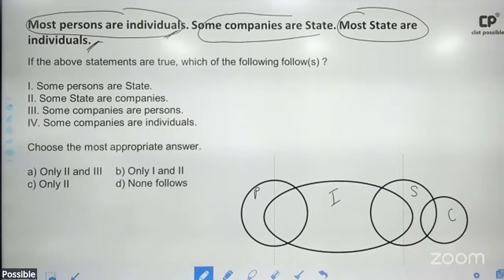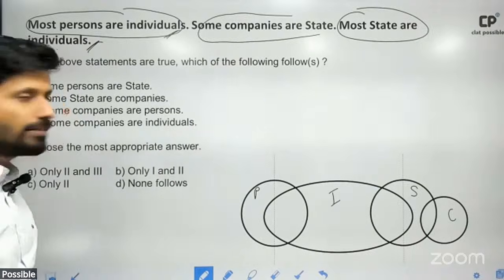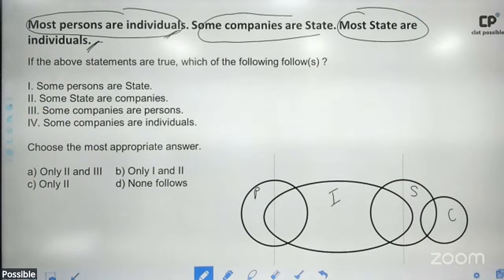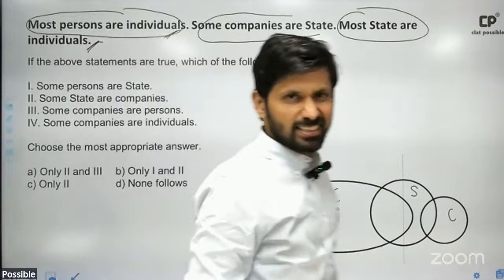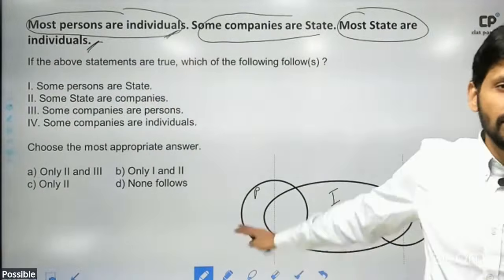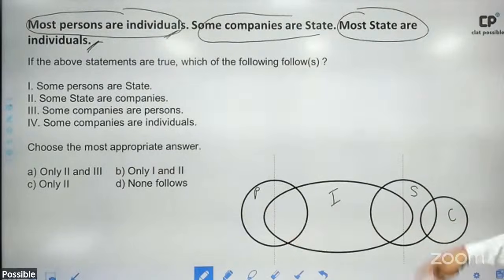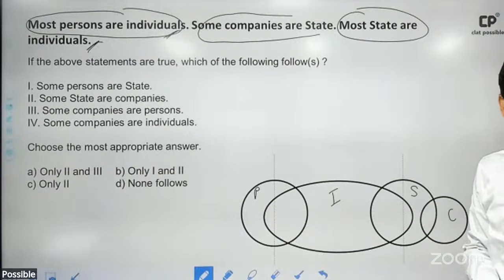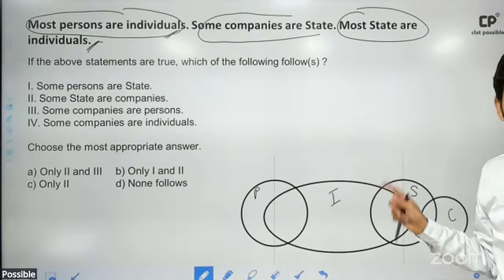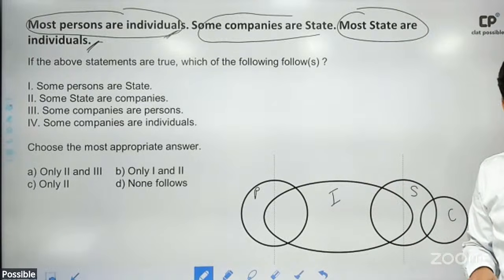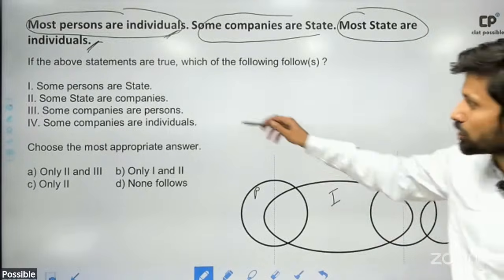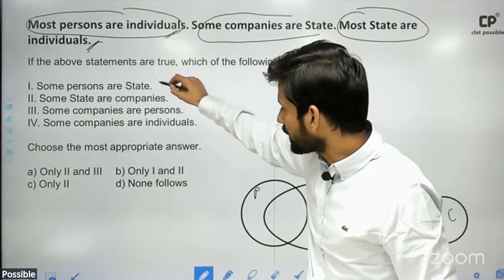Some of you have indeed answered it correctly even before I asked this question again. Some persons are state. Is it a definite conclusion? This is the MOD, the minimum overlap diagram. Do we see person and state overlap? Everyone, is there an overlap between persons and state? No overlap. So this is not a definite conclusion.